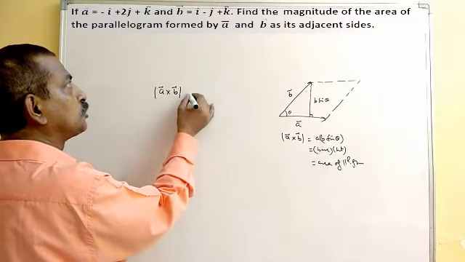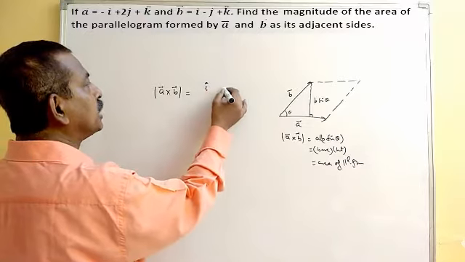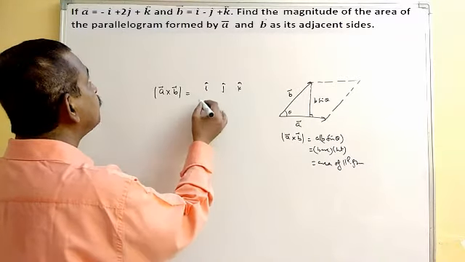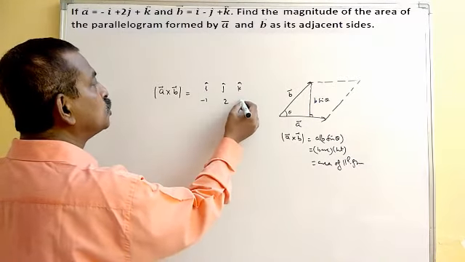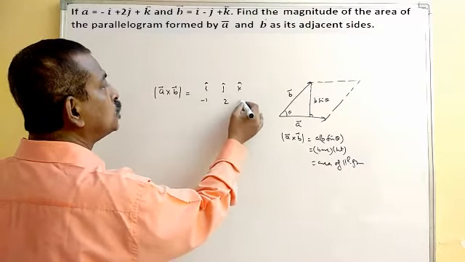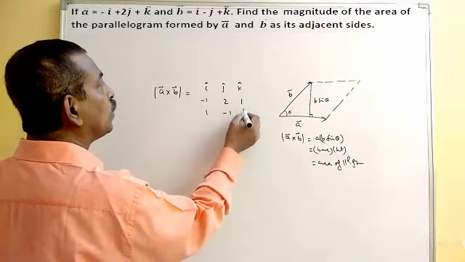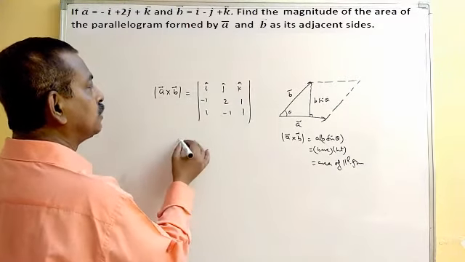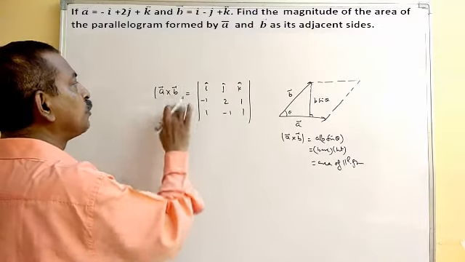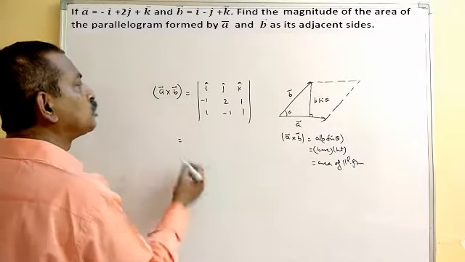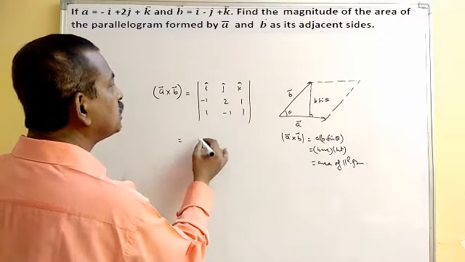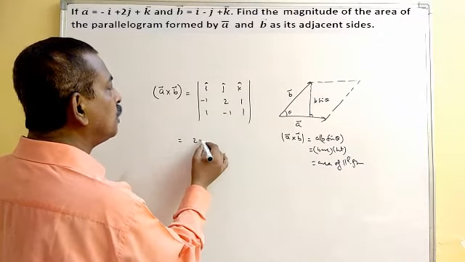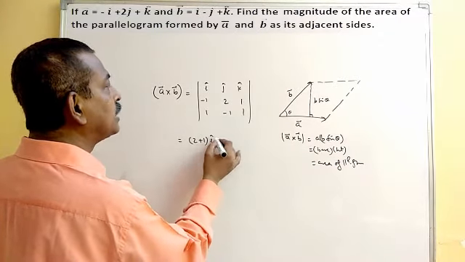magnitude of the cross product. So this is your vectors i, j, k, and the rows are minus 1, 2, 1 and 1, minus 1, 1. This is the determinant. So first of all, you just take the cross product. This is your 2 minus 1, plus i cap.